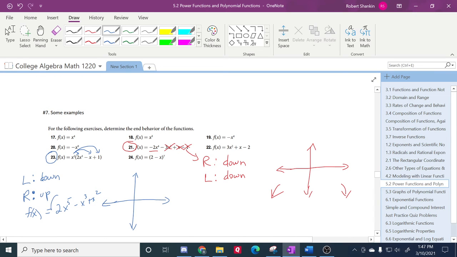And this is the leading term, and there's the leading coefficient, and because the 5th is odd, it's going to work just like all the other odds do, up over here, down over here, as long as the coefficient in front of it is positive, which it is. Alright, awesome.